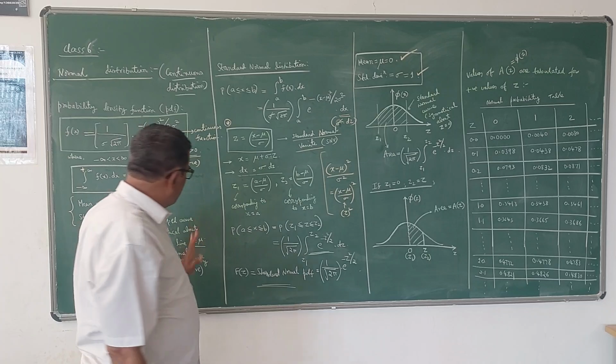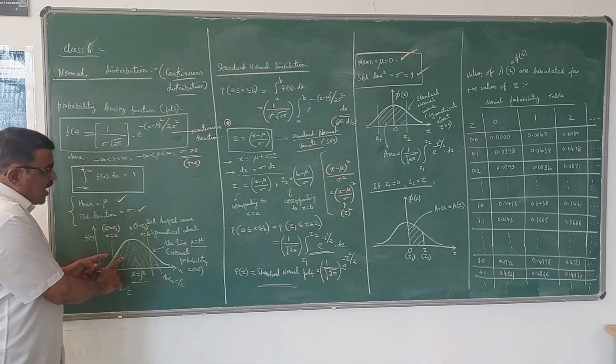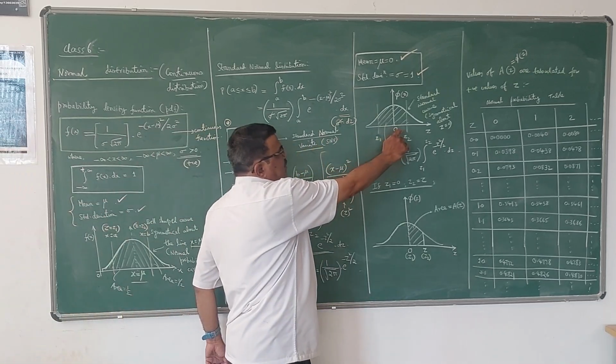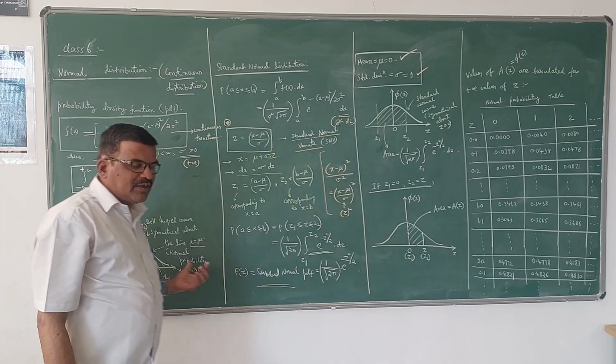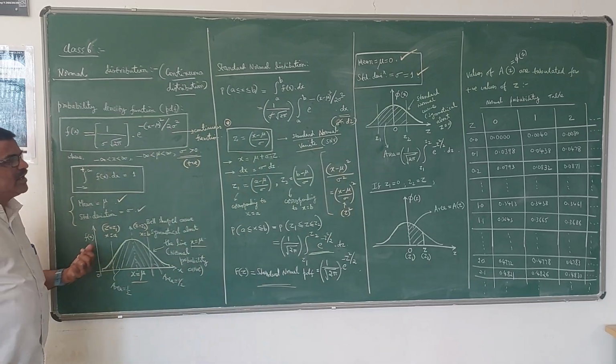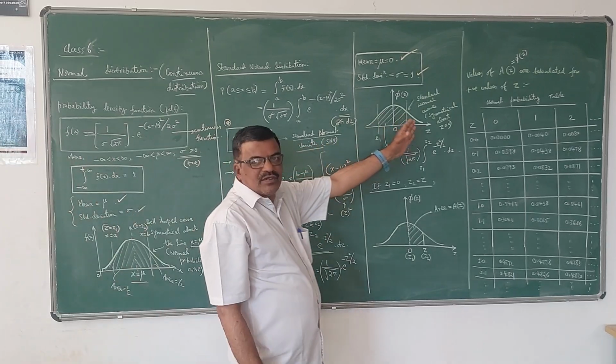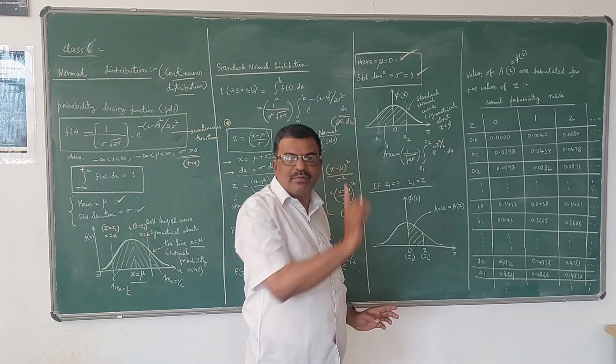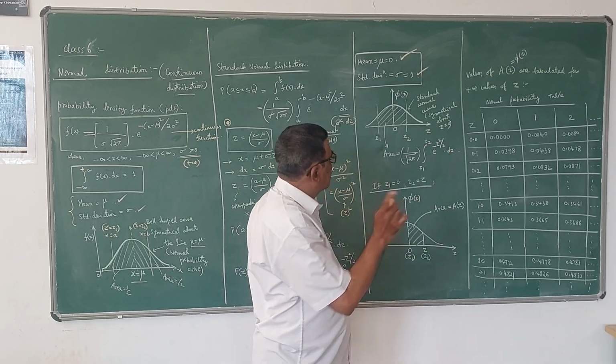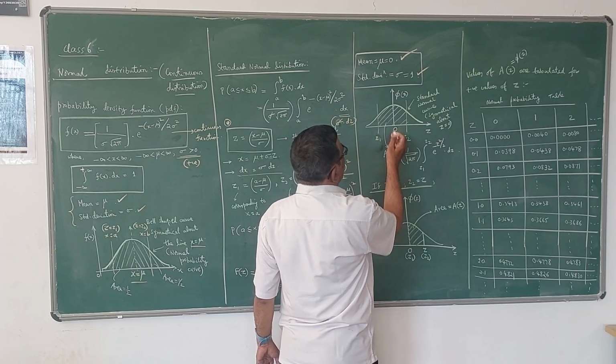So if you transfer this graph in terms of z, it will be like this. The same graph f of x will be transformed in terms of z like this. This is also bell shaped, this is also symmetrical, but only thing is this is symmetrical about this line.